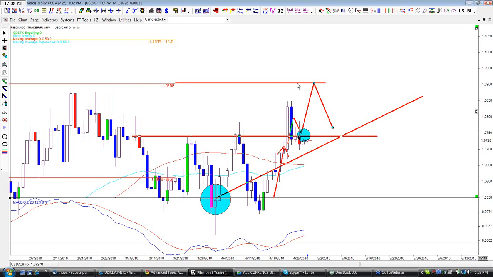Now, even the smallest bounce on the daily is a big move on the 1 hour chart. So even if we bounce and continue bullish, we can still capture some big pips on a 1 hour chart.